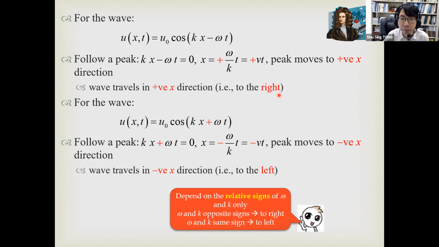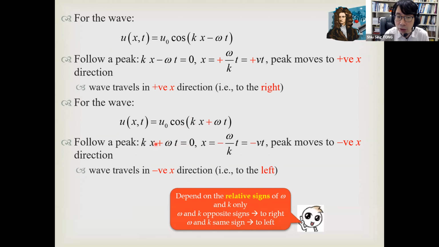Okay. Now, how about if, instead of putting the minus sign here, I put a plus sign before the omega? What will happen? Now we can still follow the peak, and we set kx plus omega t equal to 0. The 0 inside the cosine always corresponds to a peak. Now we solve for x again.